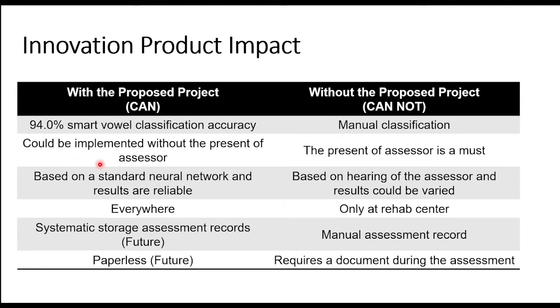This project can be implemented without the presence of an SSL. Without this system, the traditional way to assess a stroke patient is via the presence of an SSL at the rehab center.